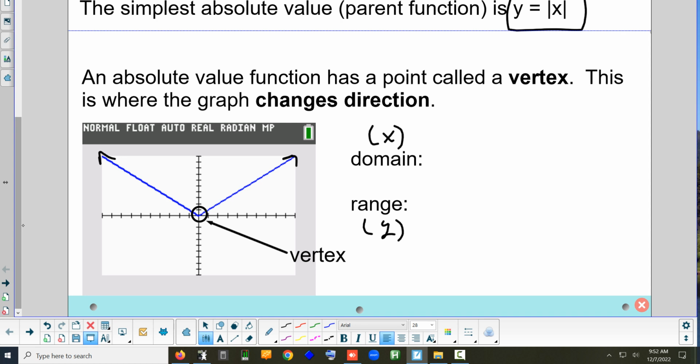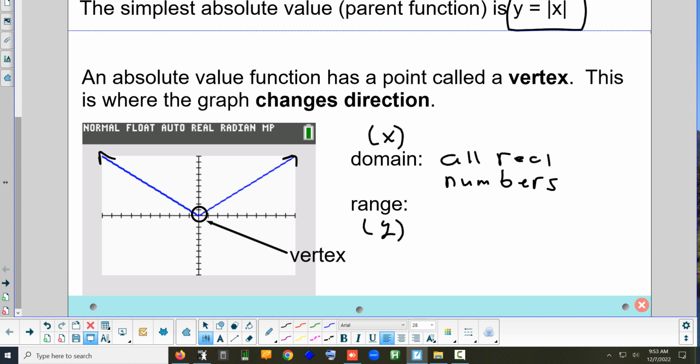This V shape is never going to stop going left and right. This piece just keeps going to the left. It also goes up. And this other piece goes to the right and it goes up. So when we want to know what the domain is of an absolute value function, every one of them has the same domain. They're all this: all real numbers.